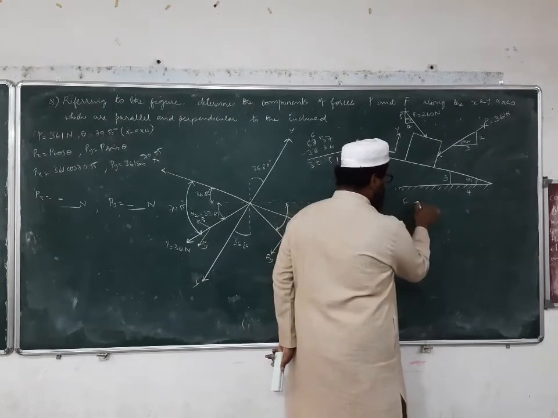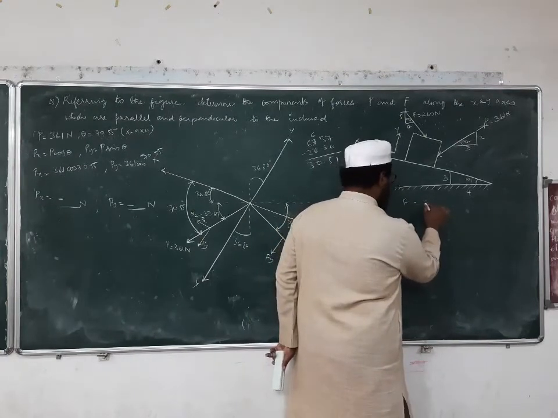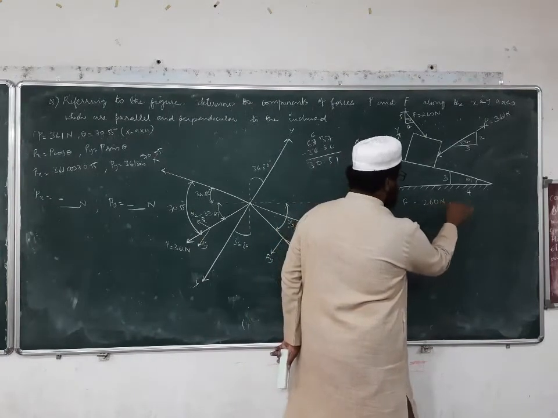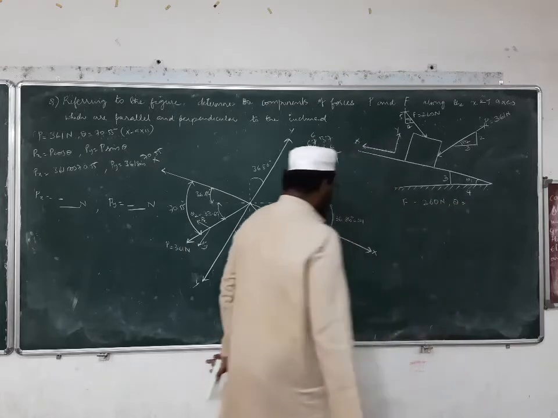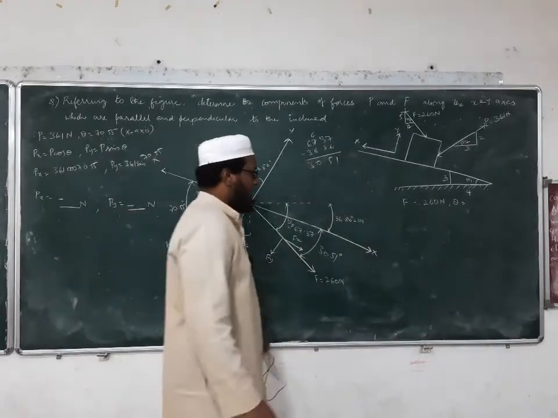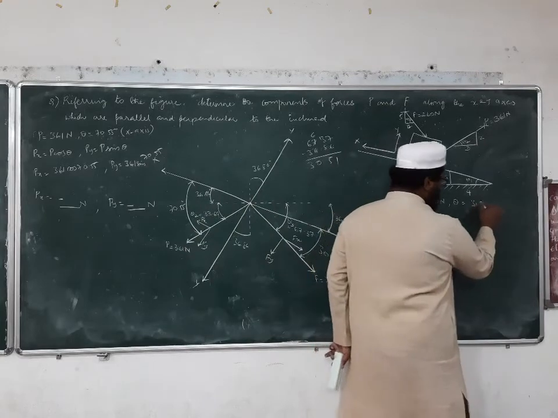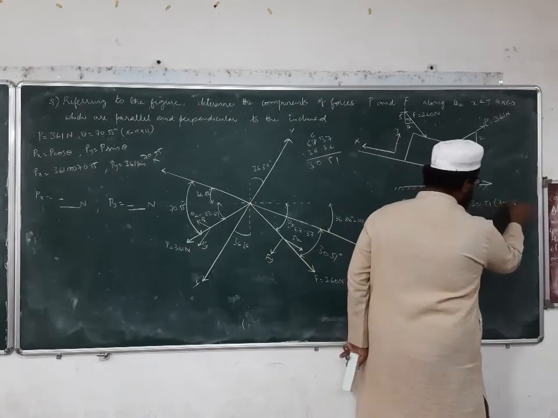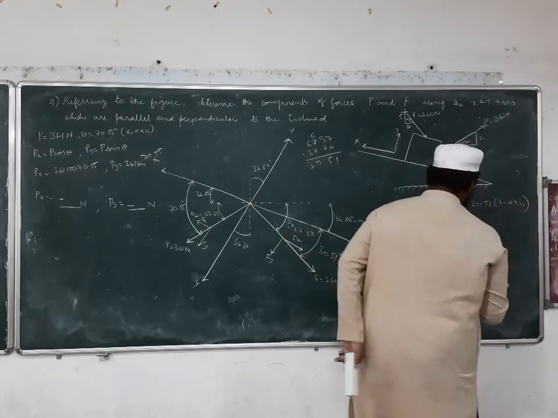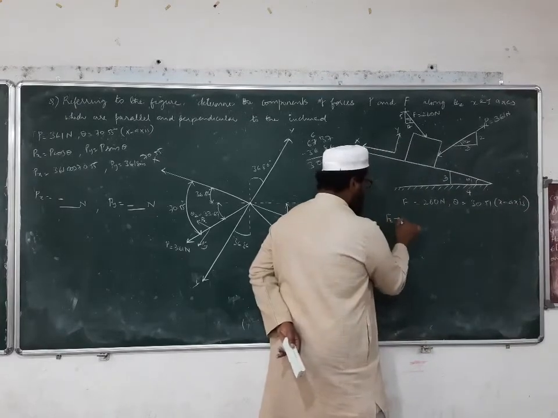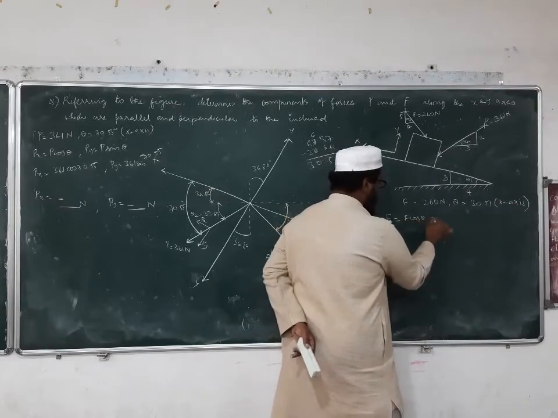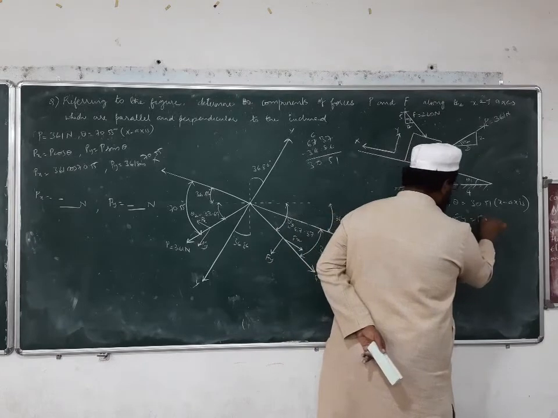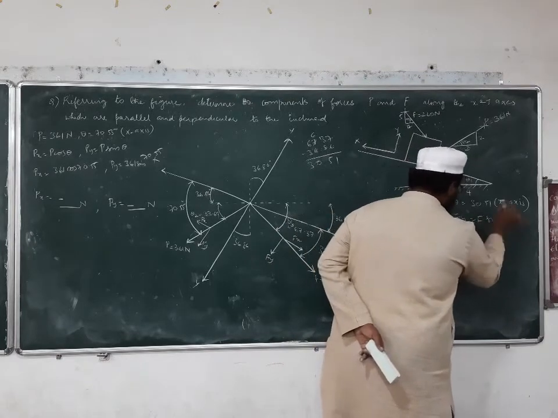So F is equal to how much? 260 newtons. And what is the angle? Theta is equal to how much? 30.51 with x axis, isn't it? So Fx is equal to F cos theta, and Fy is equal to F sin theta.